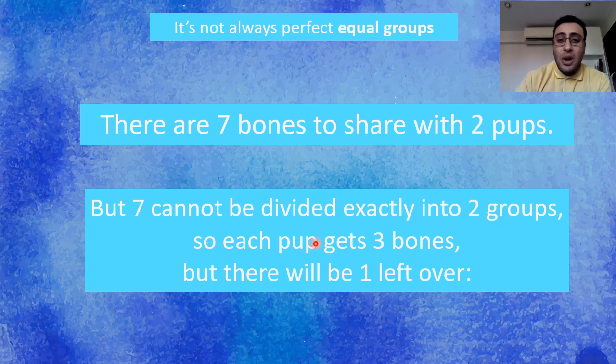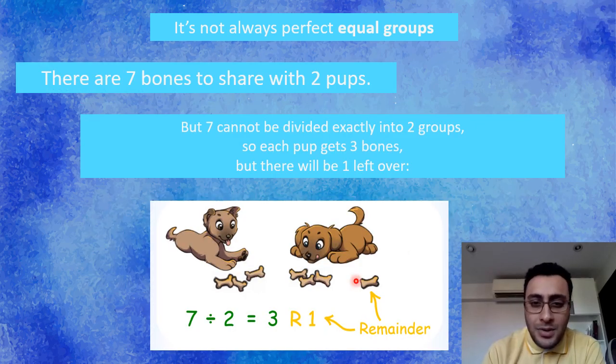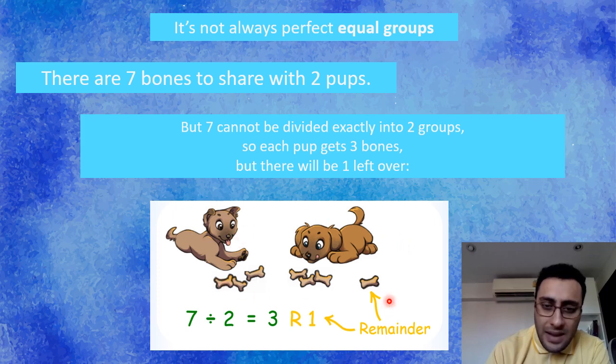So each pup gets 3 bones, but there will be 1 left over. Look at here. Here's an example, right? 2 puppies, 7 bones, 3 for this one, 3 for this one, but there will be 1 left.